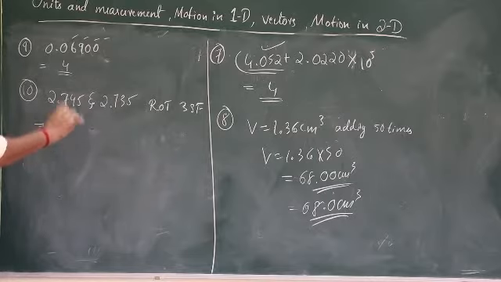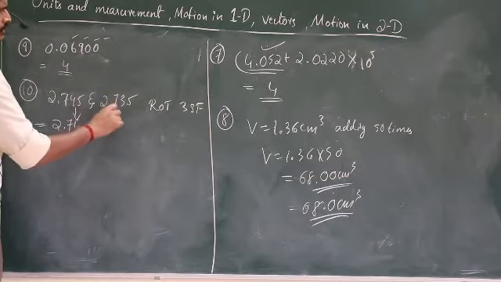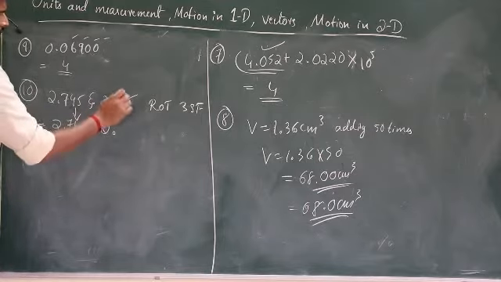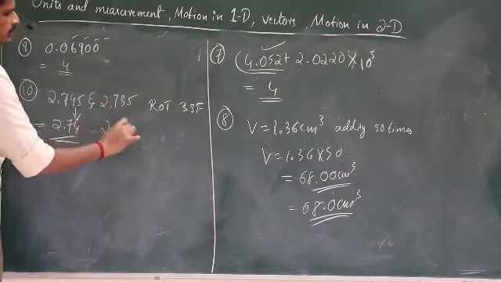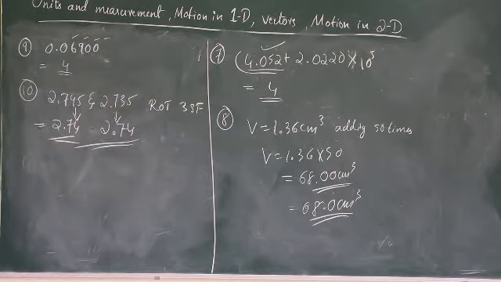When you round off, the digit is odd, so the answer is 2.74 and 2.74. Hope you remember the rule for this.